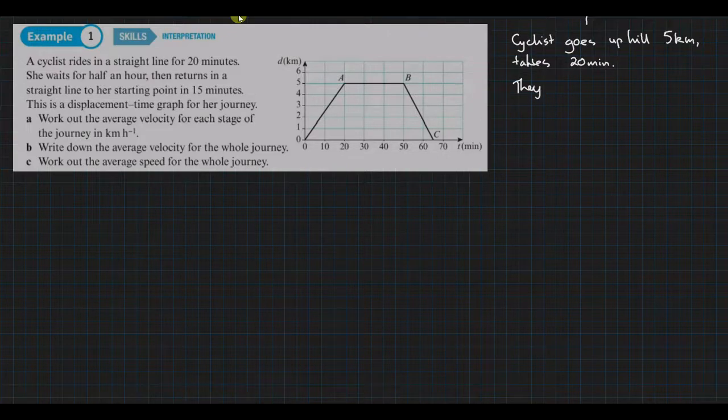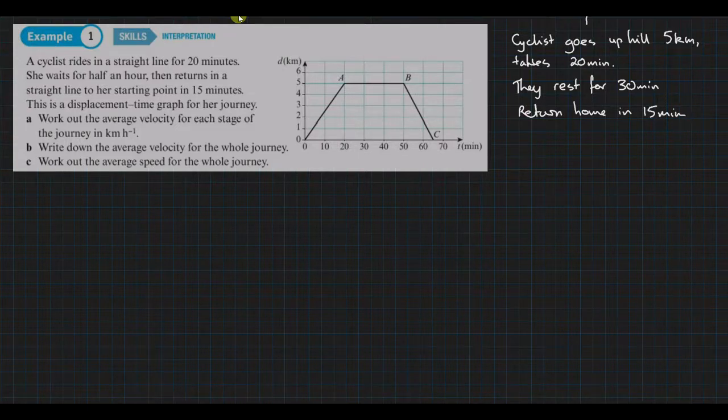They rest for 30 minutes and return home in 15 minutes. So that's the sort of minimal information they might give you to give you this graph.